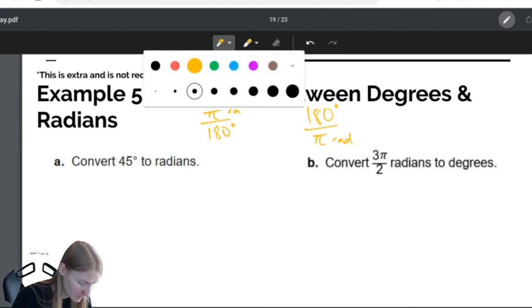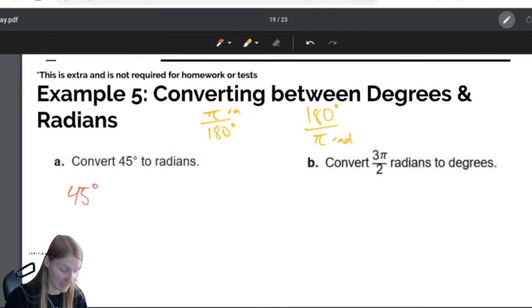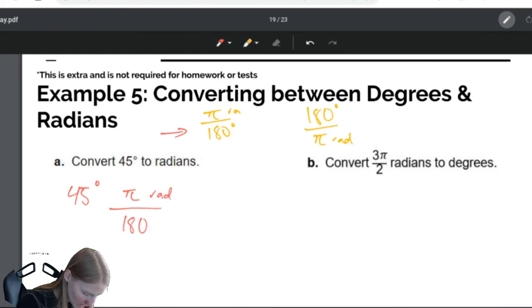So, different color. I have 45 degrees, and I want to turn that into radians. Well, in order for these degrees to cancel out, degrees needs to be on the bottom. So I'm going to use this one. I'm going to use pi radians over 180 degrees, because now you see the degrees are going to cancel out and I'm going to be left with radians on the top.